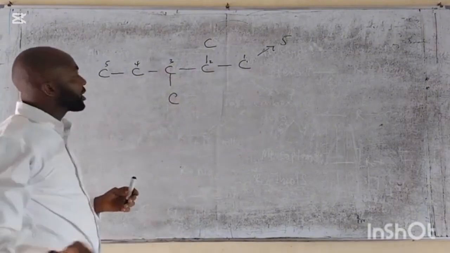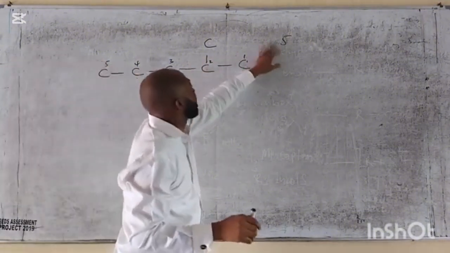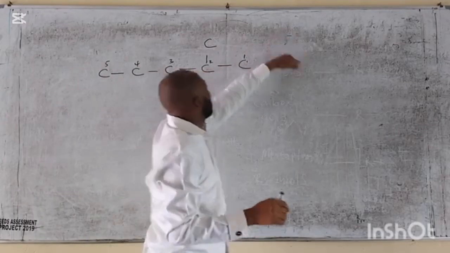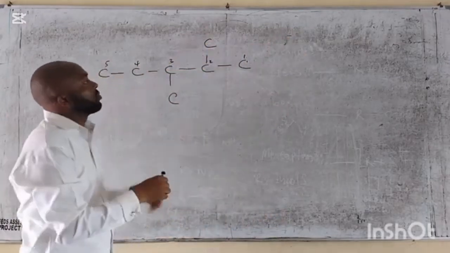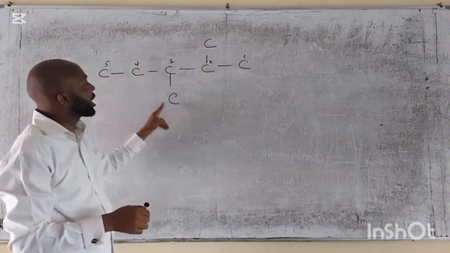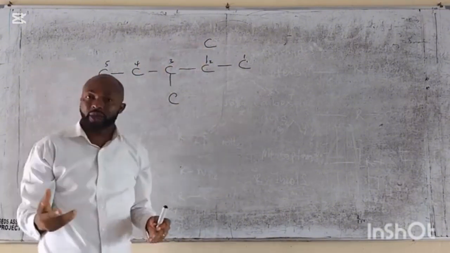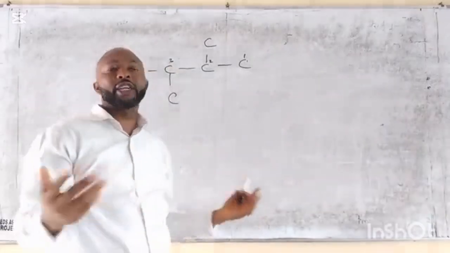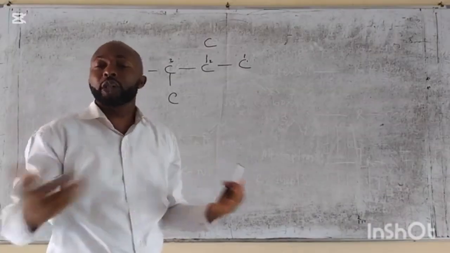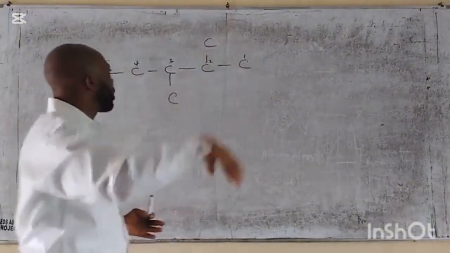Okay, having said that, if this is the side I'm going to start with, in carbon 2 I have a methyl. In carbon 3 I have another methyl. So now I have 2 methyls. In chemistry, when we have 2 methyls, we call them di. If we have 3, in short, 2 is called di, 3 is tri, tetra, penta, hexa, and we go on.